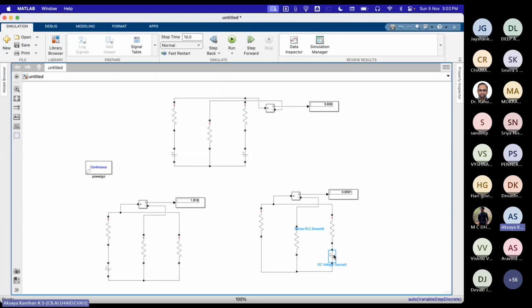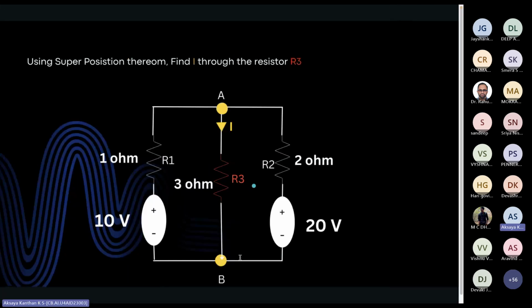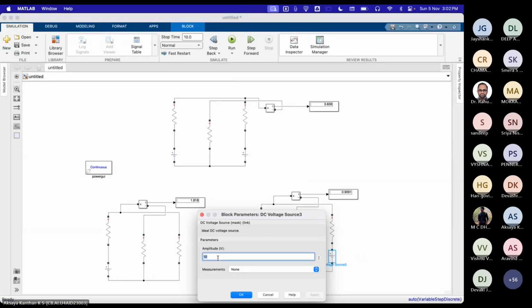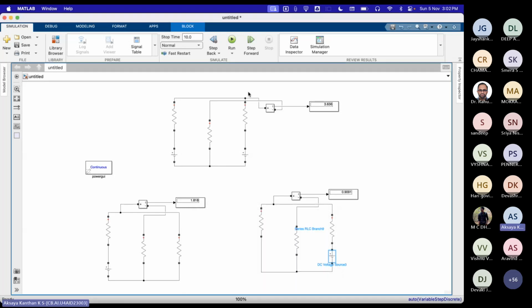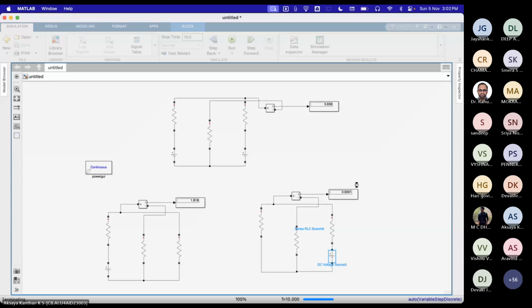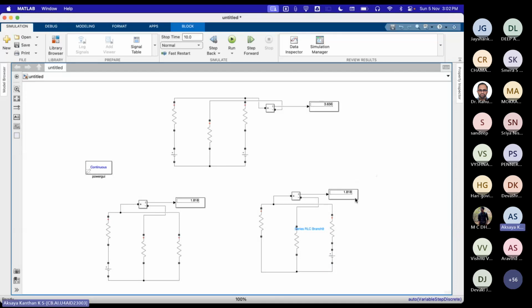Okay, I guess I didn't give the correct value. Yeah, it's 20 volt. Yeah, then it should be correct.